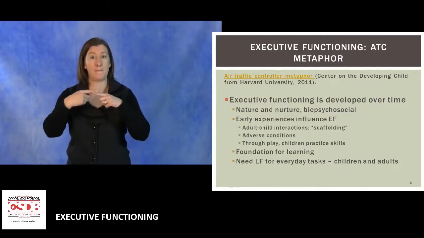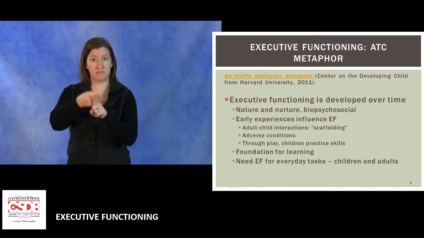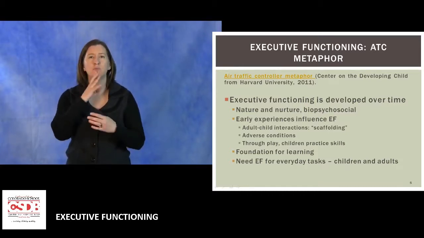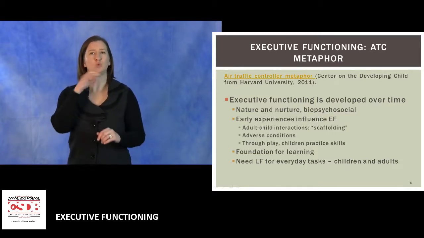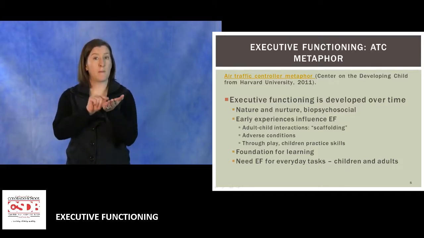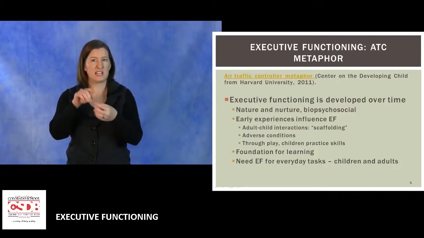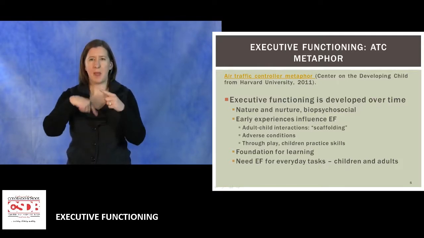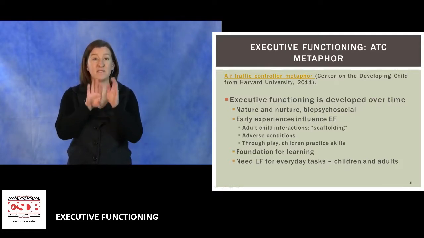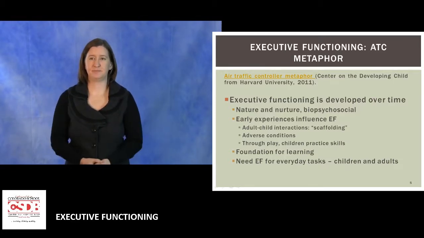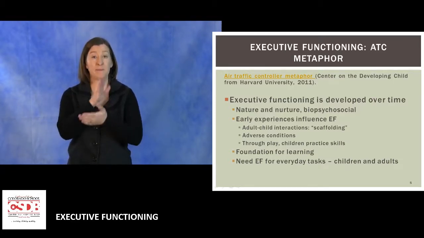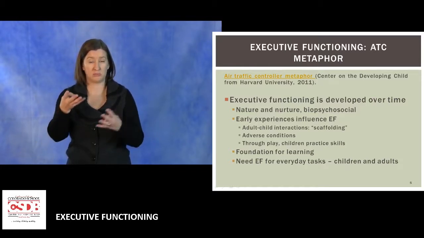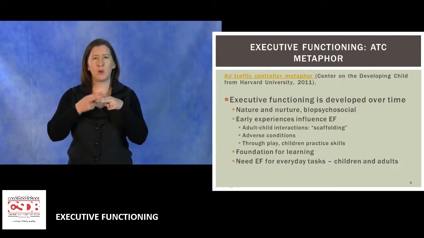You saw in the video they were talking about early experiences for EF. Also, Harvard University had a paper related to that video talking more in depth about EF development for young children. One of the things the paper talked about was adult and children interactions.